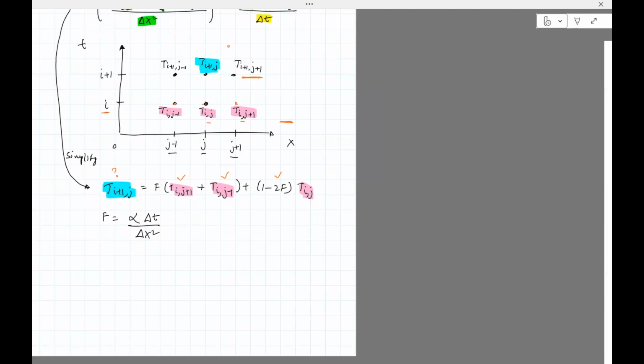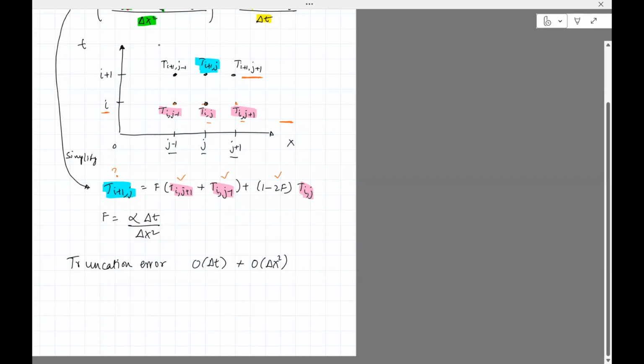These are two things about this method. There's something called a truncation error, which we've talked about. It turns out the truncation error is order delta t because we used first order finite difference and then O delta x square because of delta x.